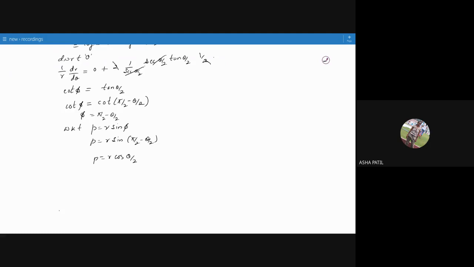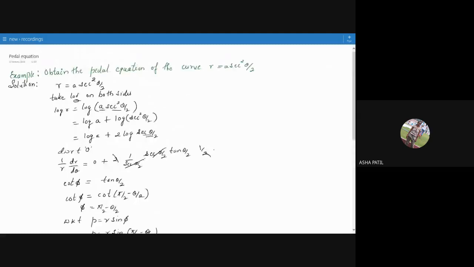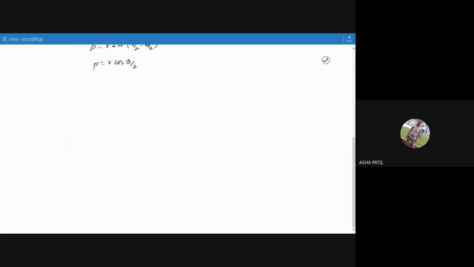But let me call the given equation as 1, so that this equation has to be converted into p and r terms only. Calling this as equation 1, now this as equation 2.